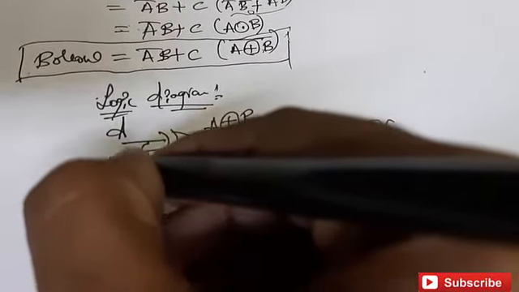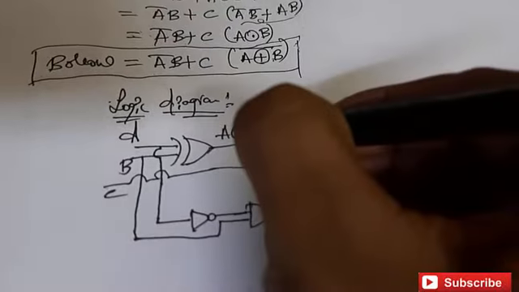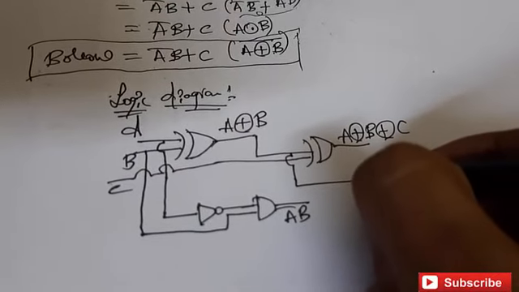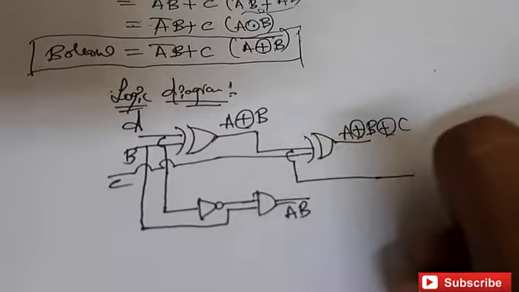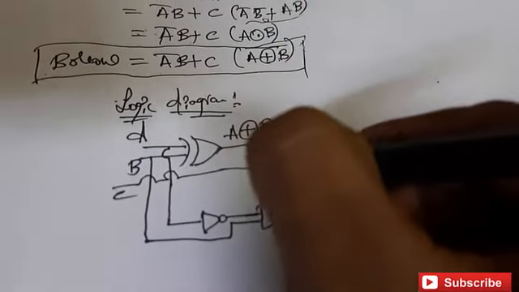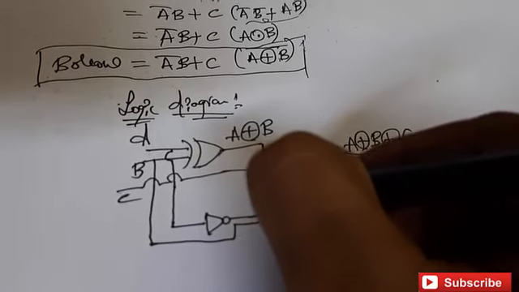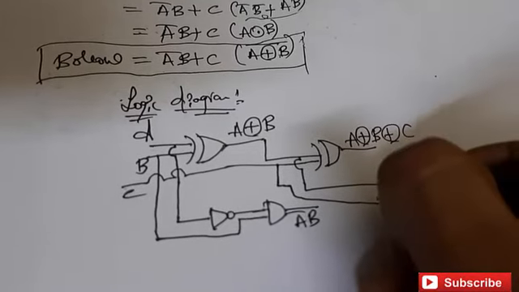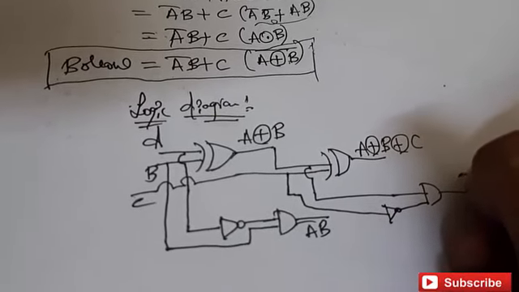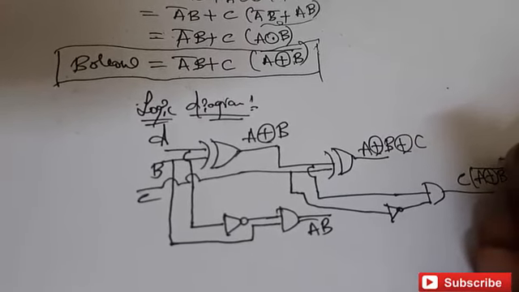Here this will become C. If you give it to the AND gate, and C given to the inverter, this will become C into A XOR B whole complement.